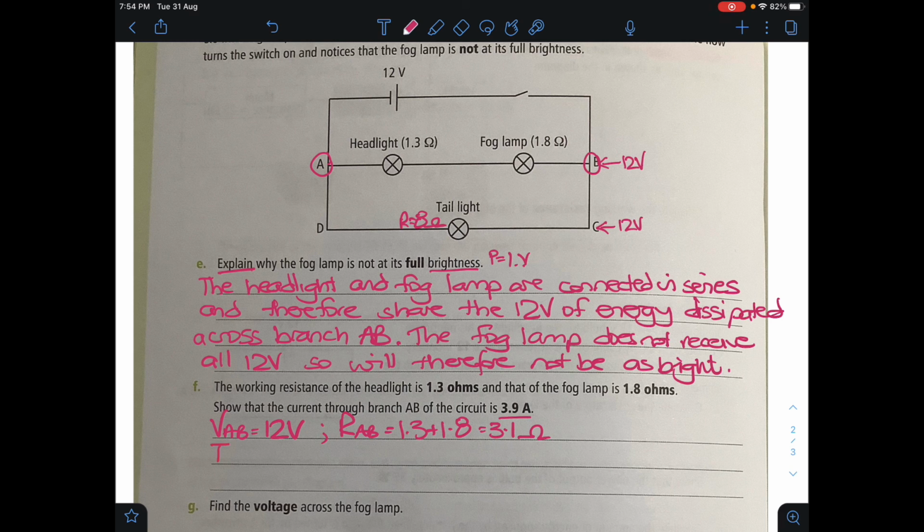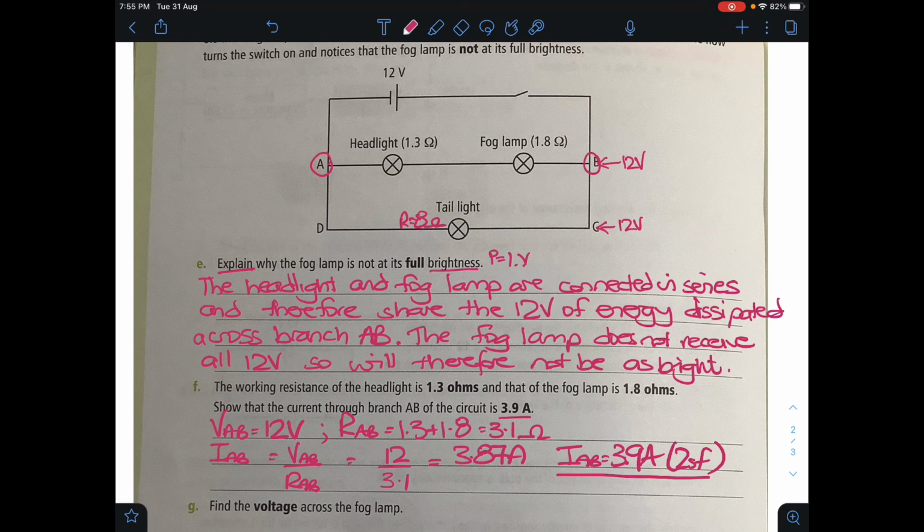So the current through AB is the voltage divided by the resistance, which is 12 divided by 3.1, which gives us 3.87 amps, or 3.9 amps to 2 significant figures.